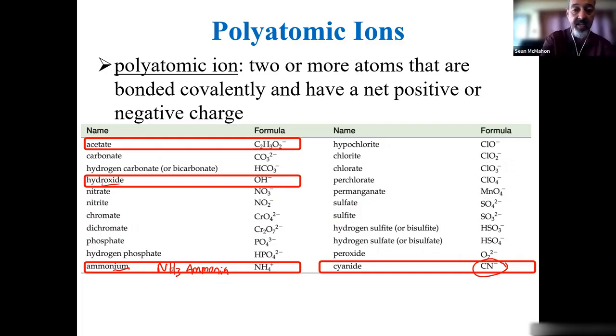Now, the acetate, if you look at C2H3O2 minus, that could be confusing. A lot of times in organic chemistry, they write out the structural formula based on how it's grouped, and they'll write for acetate CH3COO minus, which is the same thing. There's 2 carbons, 3 hydrogens, and 2 oxygens.